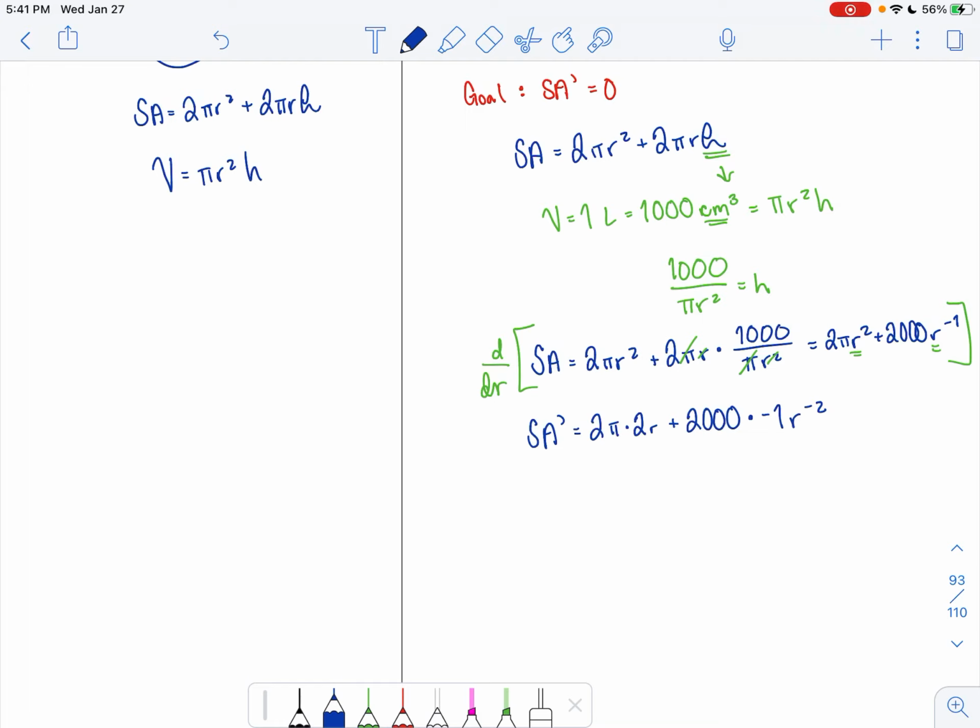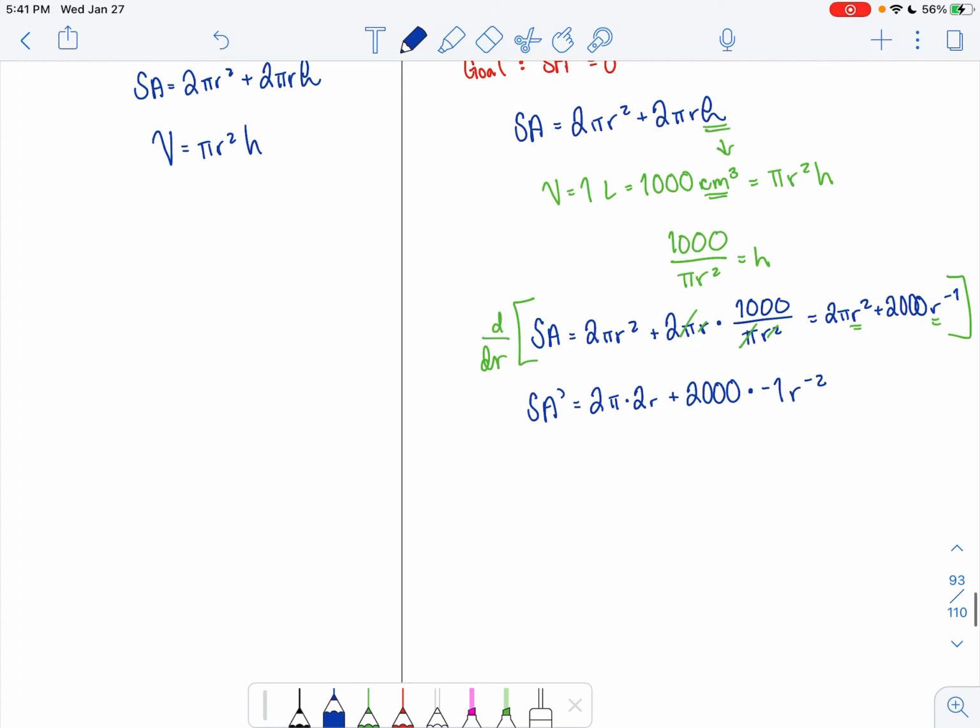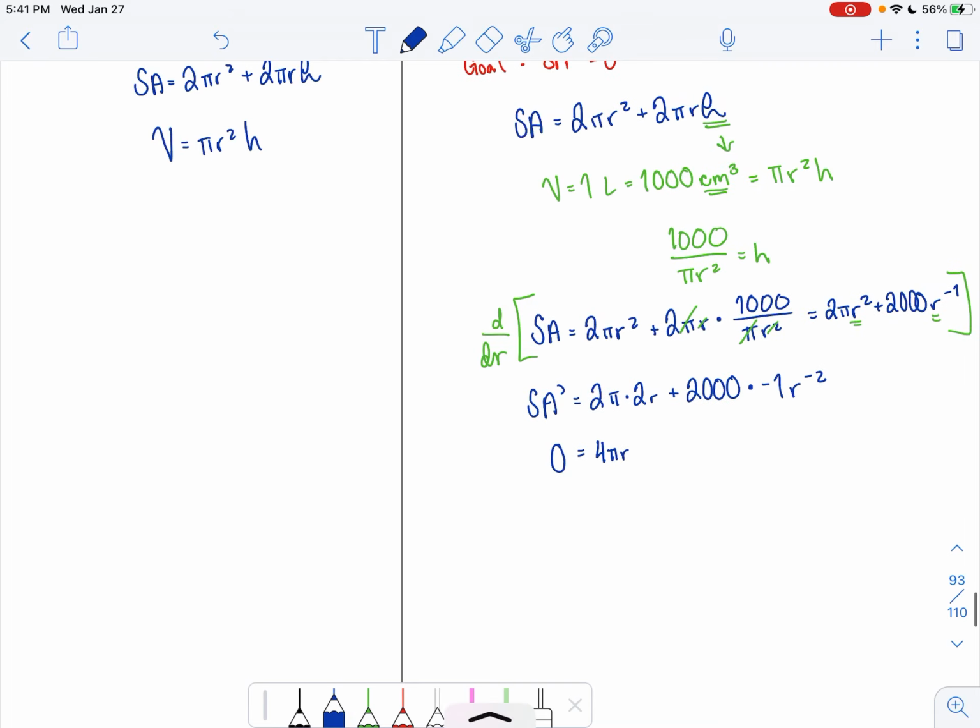Now what I want to do is simplify this down. And I will then set it equal to 0, since I want to find the minimum, of 4 pi r minus 2,000 r to the negative 2. I'm going to write this now as a fraction and add it over, so that I have positive 2,000 over r squared is equal to 4 pi r.